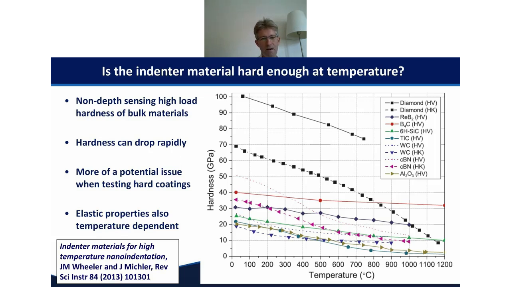So this is potentially an issue when testing coatings that retain high temperature hardness, particularly as coating designers get better and better performing coatings. So one of the things we're looking at is whether we can use diamond in conjunction with improved vacuum and fast heating and testing approaches, and we've been quite successful in that so far.